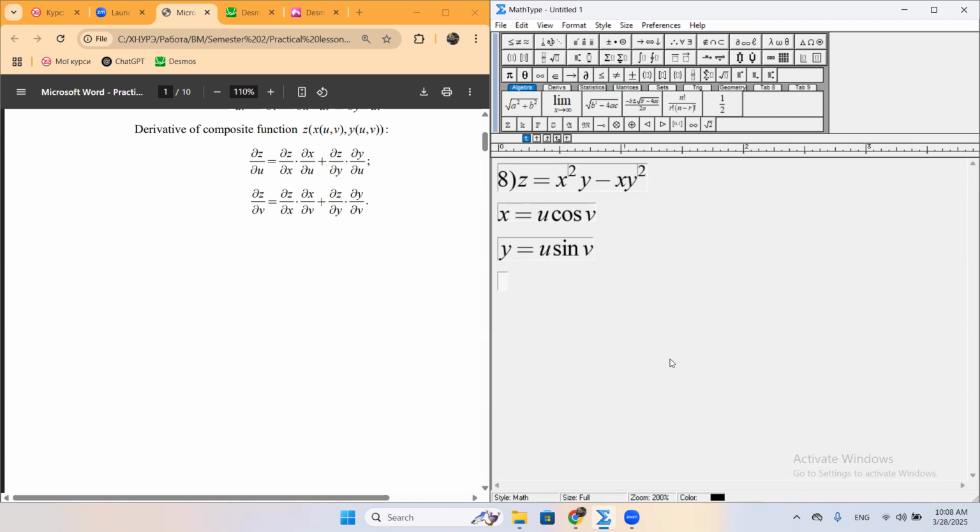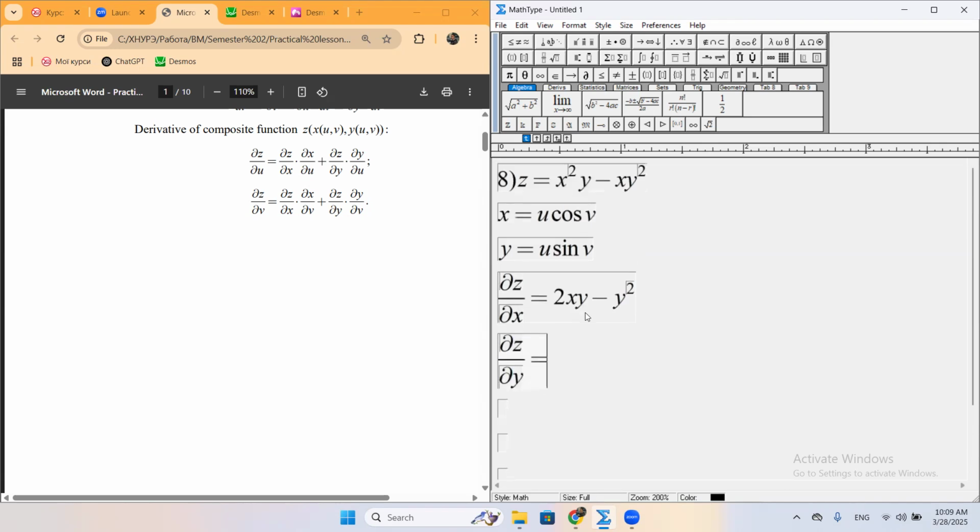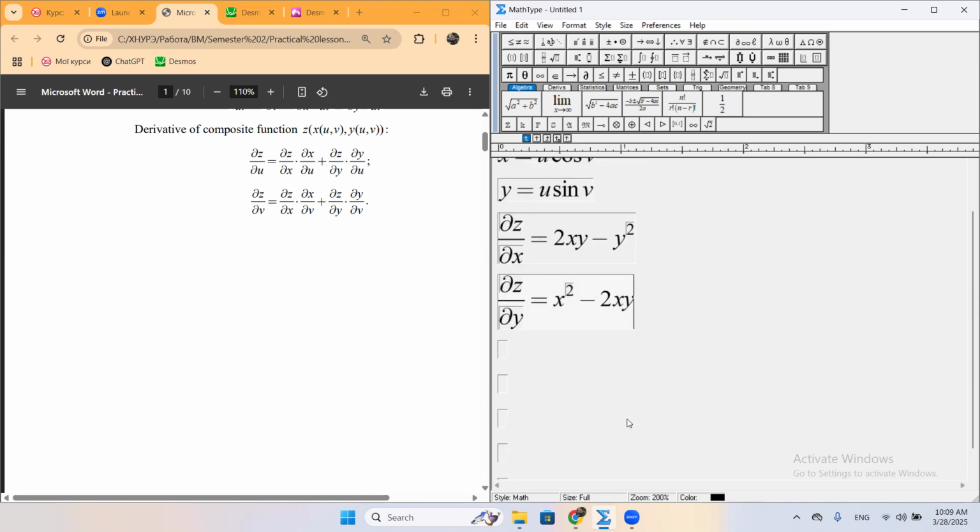So first of all, let's differentiate z by x and y. dz by dx equals 2xy minus y squared. Differentiating z by y, we have x squared minus 2xy.